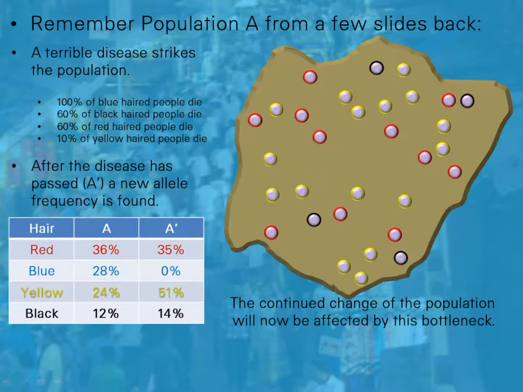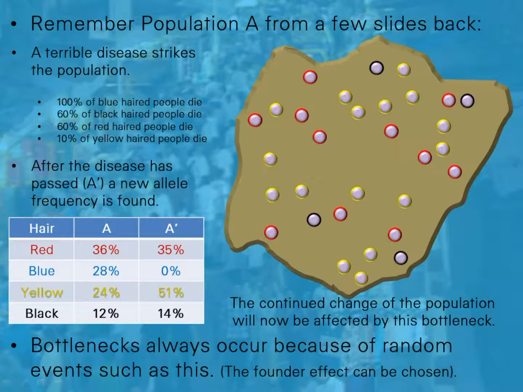And because of some strange immunity to the disease or something, yellow-haired people are now 51% of the remaining population. More than half of all the people surviving now have yellow hair. So the continued change of the population will be affected by this bottleneck.